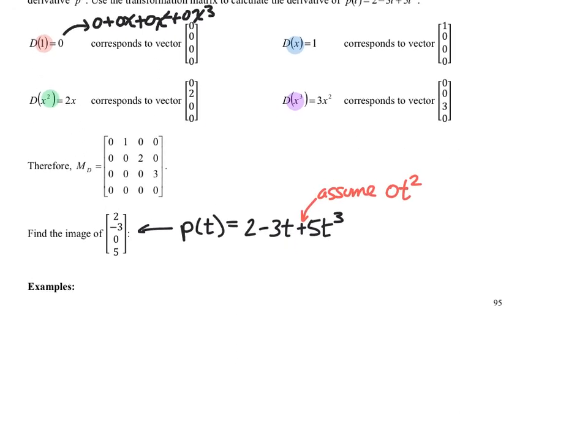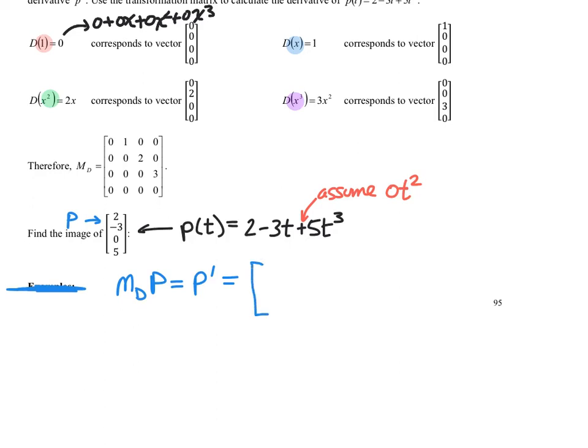Formatting error. That should be on the next page. Typo bonus for somebody. So what I want to do is multiply this vector, which I can call P, in the appropriate order, by the matrix D. So we're going to find MD multiplied by P, and that's going to be equal to P prime, which would be my derivative.